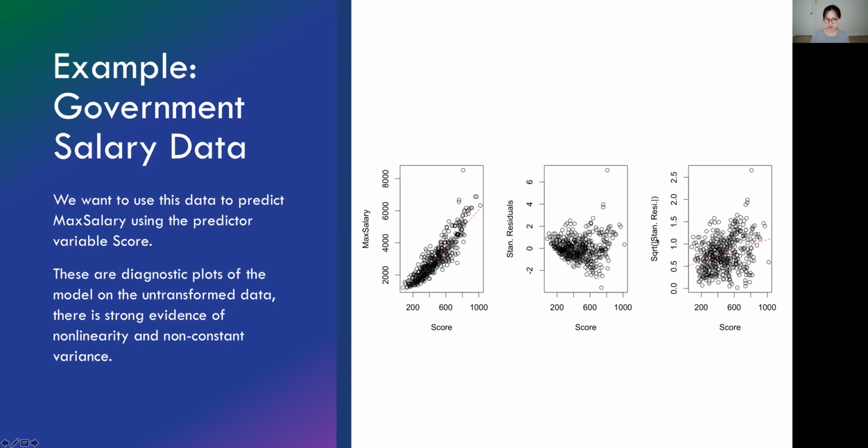These are the diagnostic plots of the model with the original data, not transformed, where we can tell it has non-constant variance and not really normally distributed error. Right, there is some pattern. It's not a round shaped cluster here.